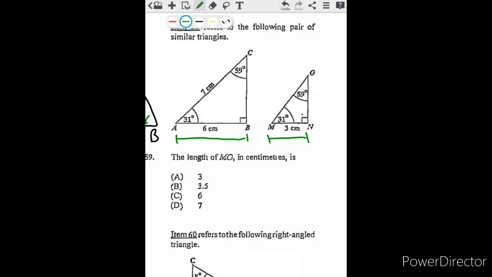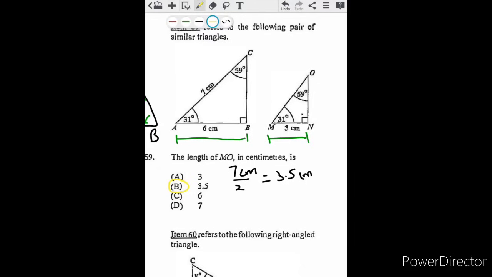So the same would be applicable to each length of the triangle. Therefore, if AC is 7, then MO would be half of 7. So 7 centimeters divided by 2 would equal 3.5 centimeters, which is B.